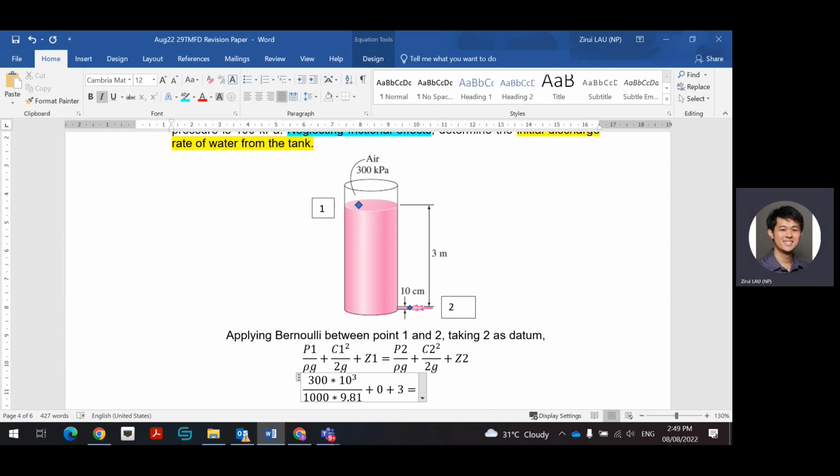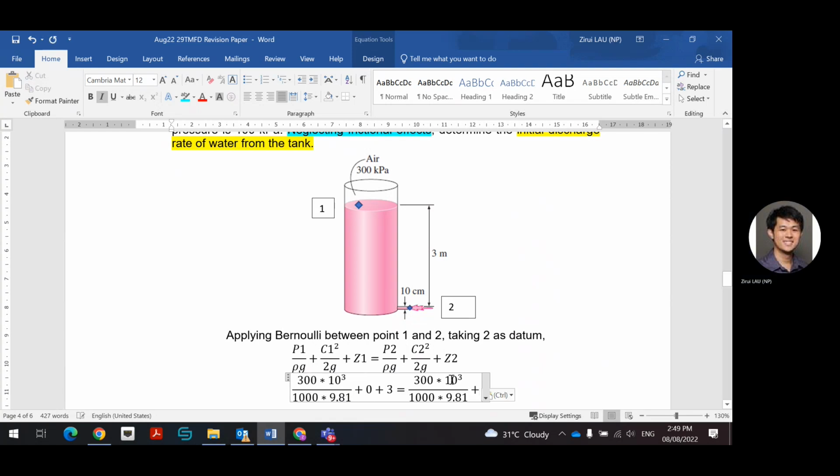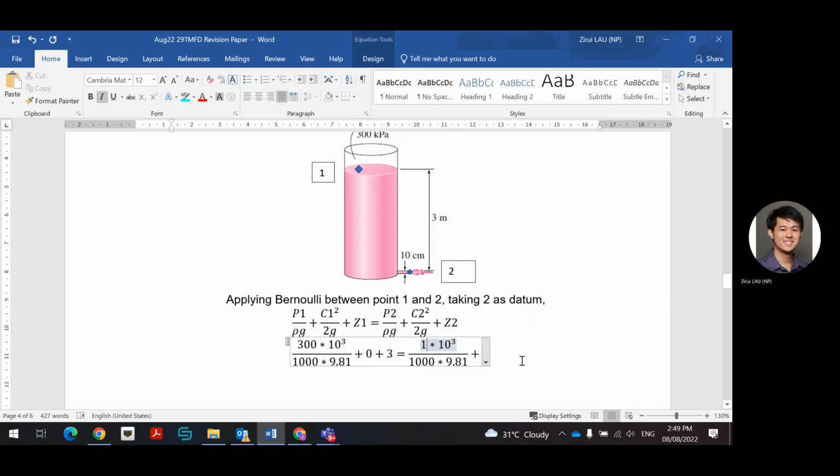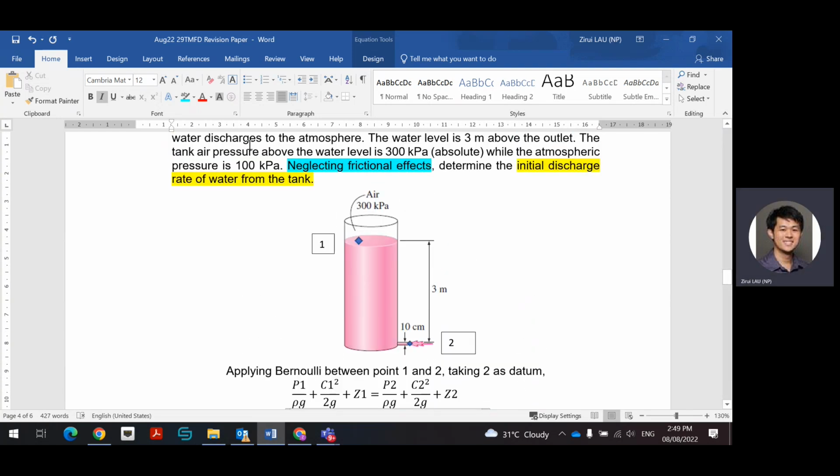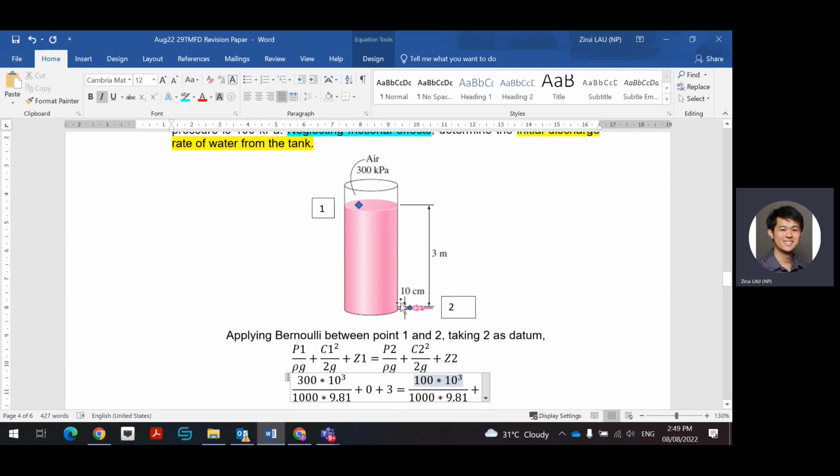What is P2? Pressure 2. No. 100 kilopascal, because you see the atmosphere is 100 kilopascal, right? What is 2? 2 is exposed to the atmosphere, correct? So like I say, anything that is exposed to the atmosphere must be at atmospheric pressure.